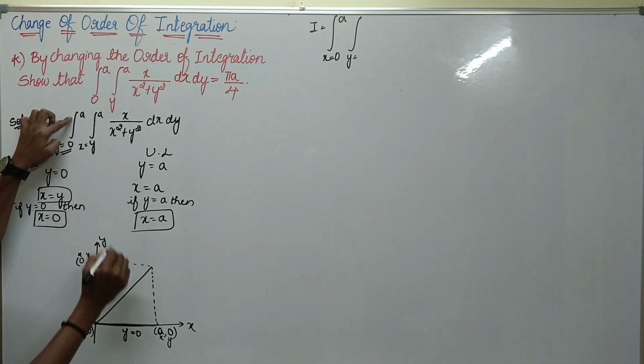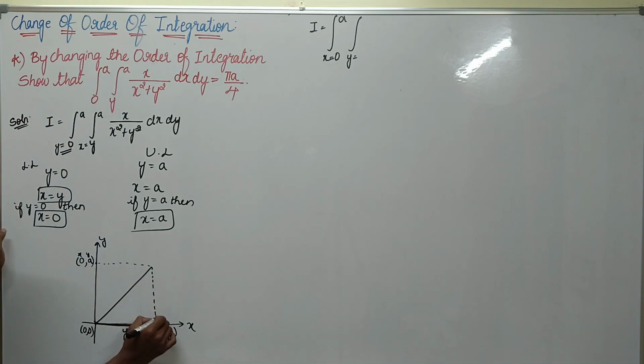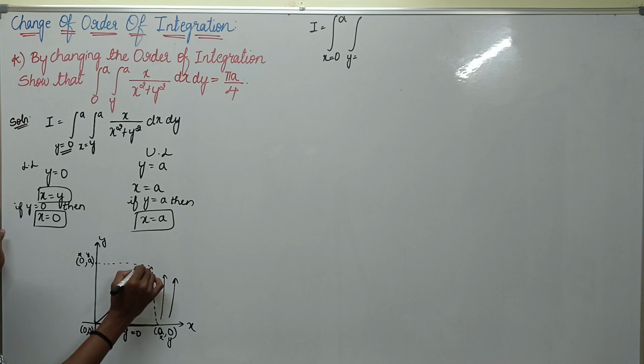It goes up, increasing with respect to a. The line lies from 0 to a, that is a comma a. This is equal to x equal to y.